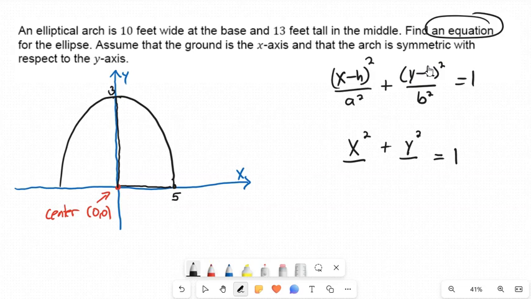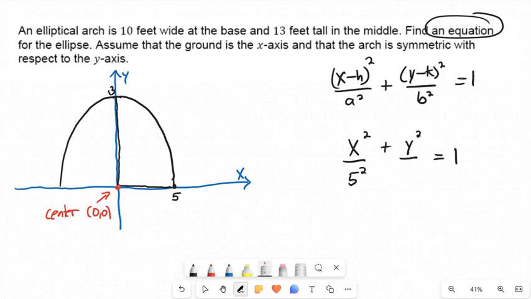Okay, well, we know that in the x direction, from the center over to the edge of the ellipse is 5. So underneath the x, we need 5 squared.